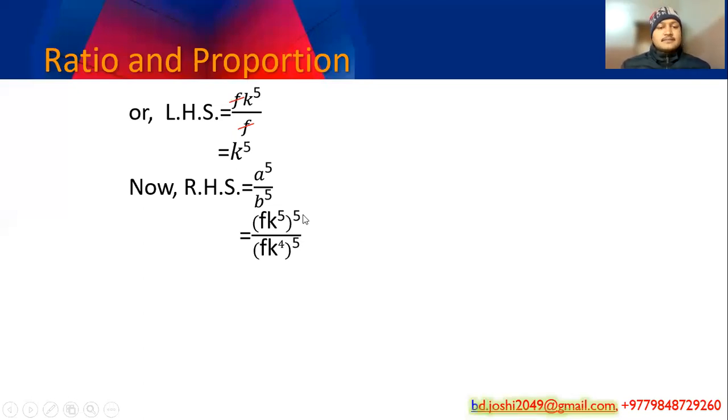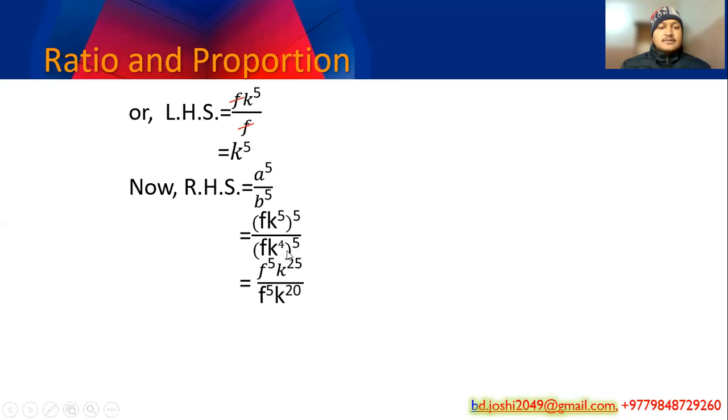And what happens now after this line? What do we have to do here? What work is remaining for us? Multiplying the power of powers. Multiply the power of power. F power 5 into K power 5, 5 fives are 25.